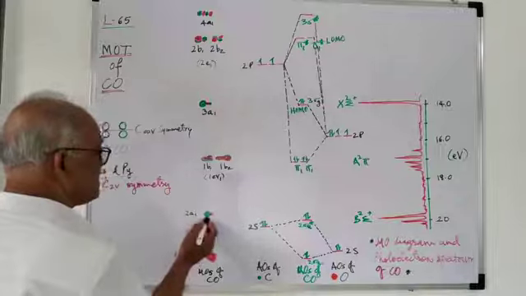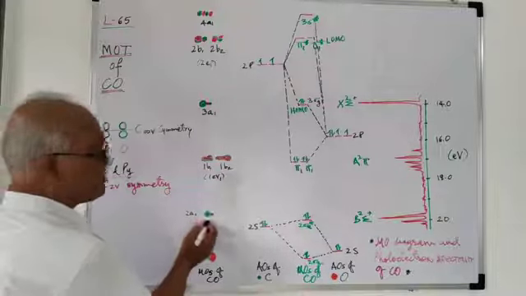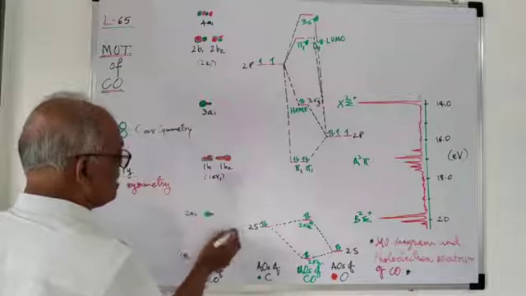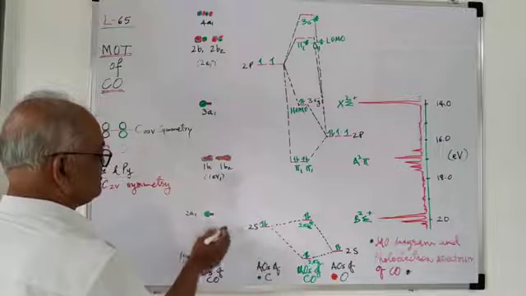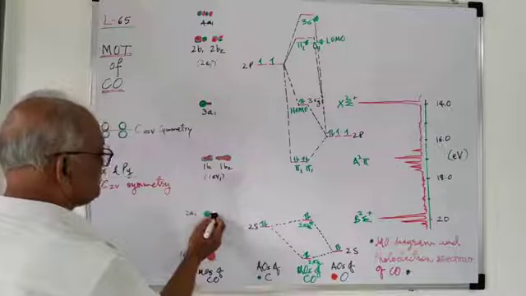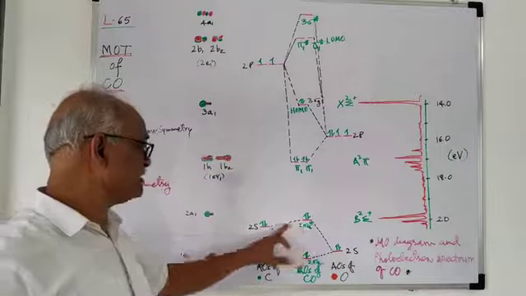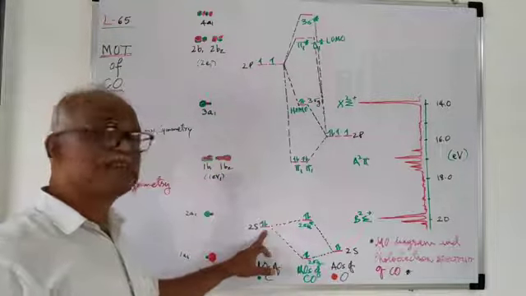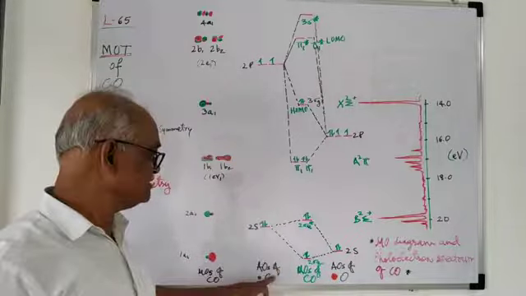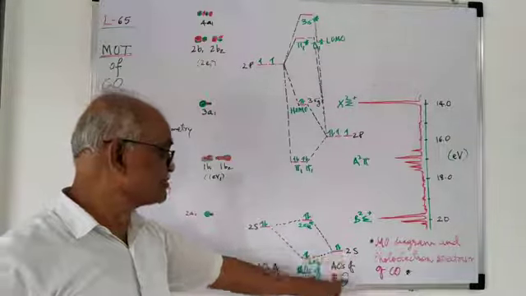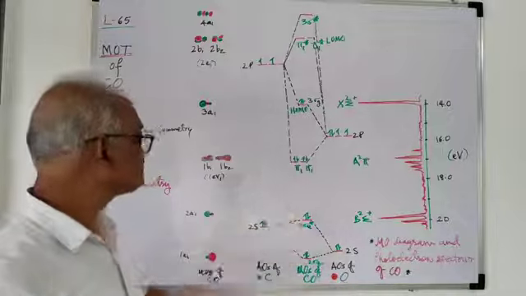So here you will find that the electron cloud of this molecular orbital is larger on carbon and smaller on oxygen. So it means the antibonding molecular orbital has more contribution of this 2s of carbon and less contribution of this 2s of oxygen.